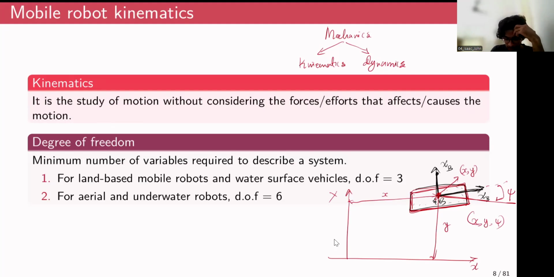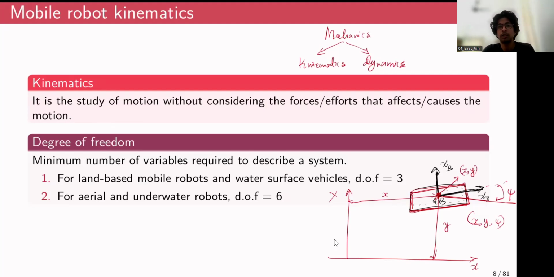But for aerial and underwater robots, you require 6 coordinates to fully describe position and orientation, right? If a robot is moving in air as the medium, you require 3 position coordinates, x, y, and z, and you also require 3 orientation coordinates: orientation about the x axis, about the y axis, and about the z axis.